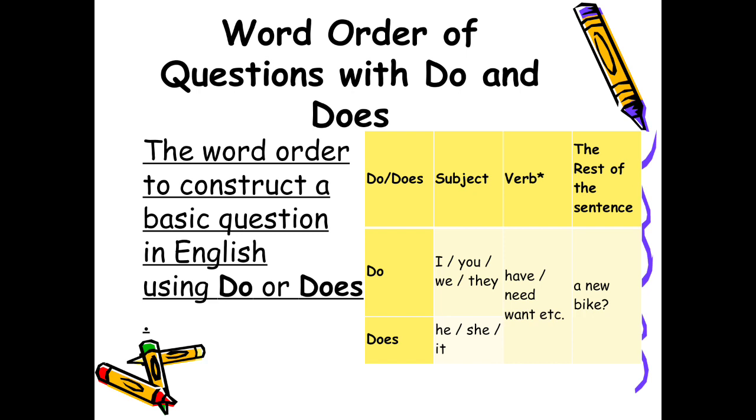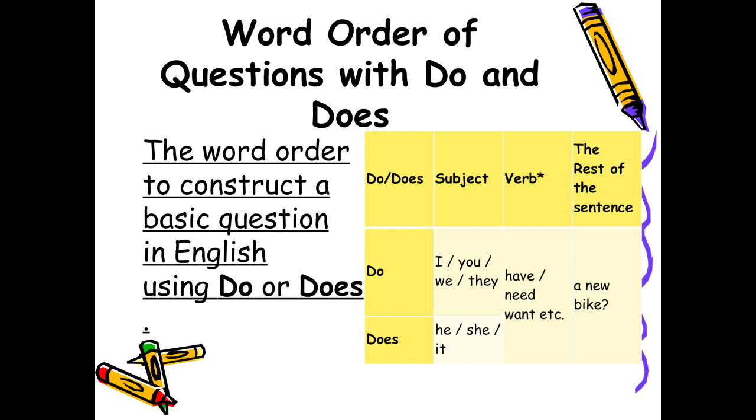So when you are going to ask a question through a first person or second person in your sentence, do will be coming first. Do you have a new bike? Do you have a pen? Do I respect you? Okay, for the first person and the second person, whether it is singular or plural, you will be using do to ask a question.